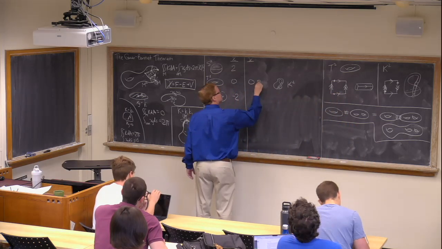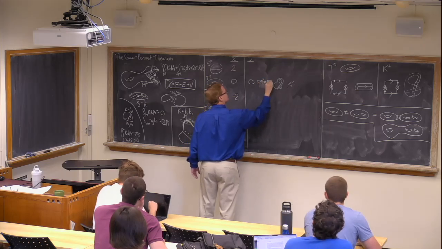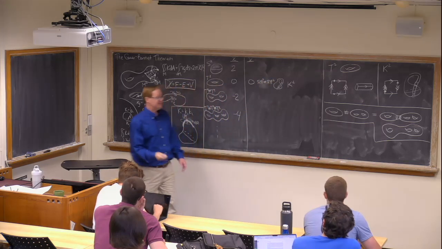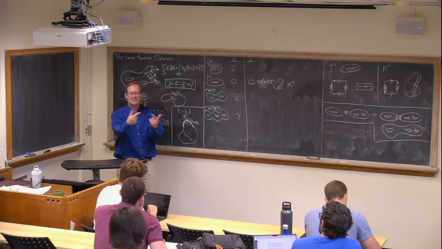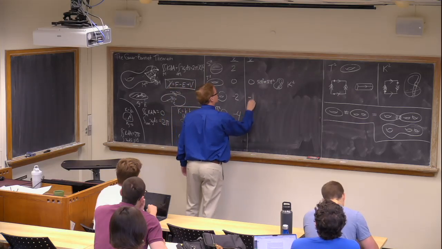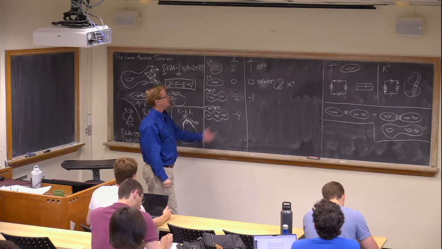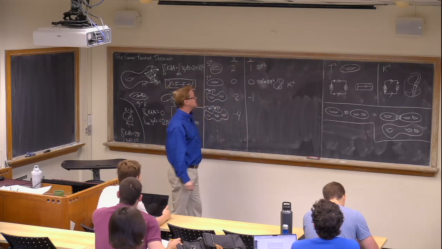You take an RP2, connect some RP2. That's what the Klein bottle is. I'll just tell you that this first thing here is an RP2, and it has Euler characteristic 1. And when you connect it with itself, you get Euler characteristic 0.